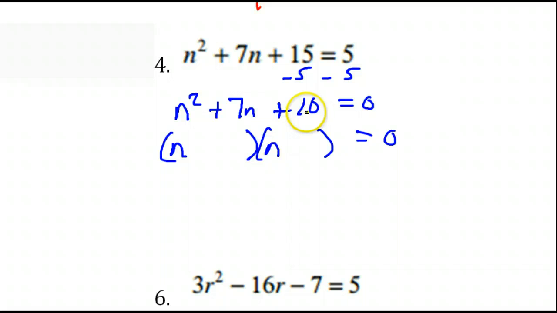So this will be n times n, and 10 is probably 2 times 5. Let's go with that. Could be 10 times 1. Inner, that gives me 2n. Outer, I have 5n. I can get 7n out of this if they're both positive. That would mean these are both positive. Okay, so I factored it, but I don't stop.